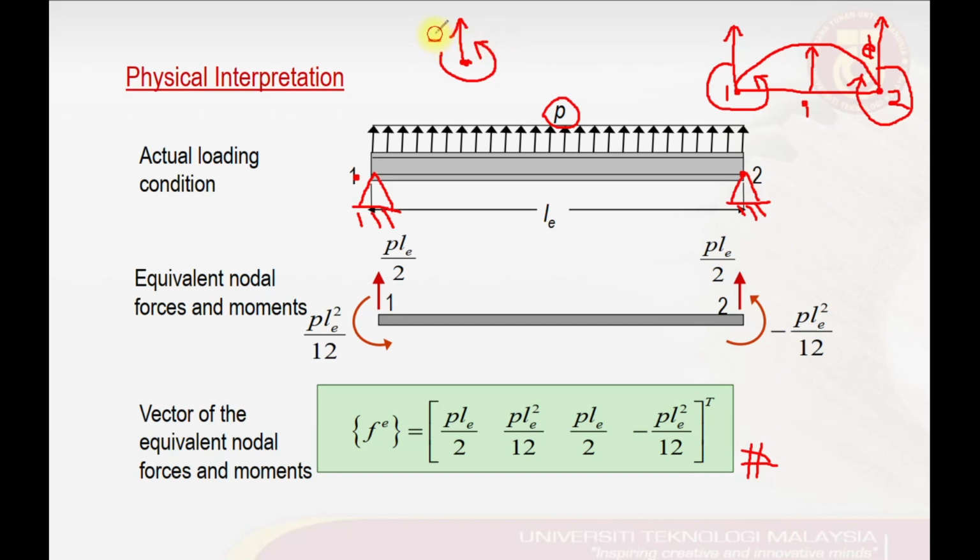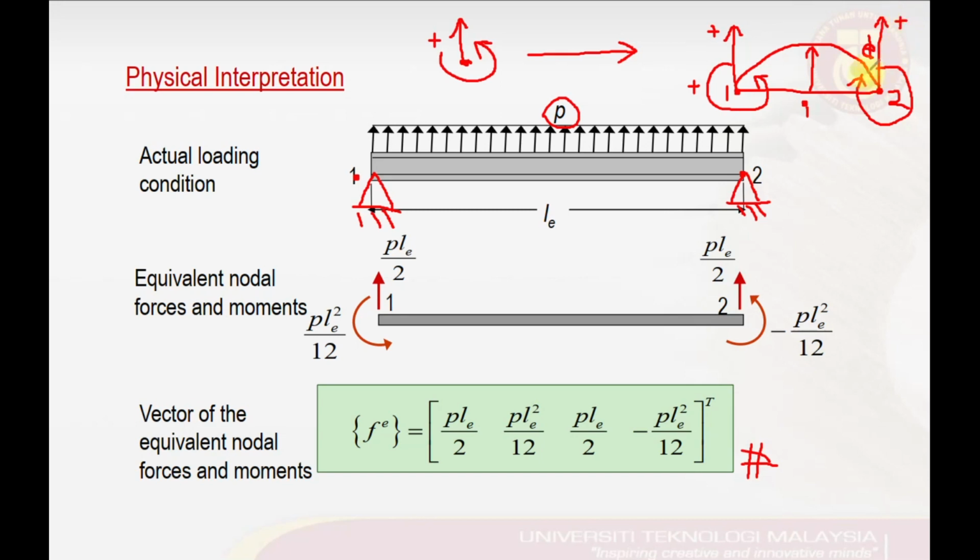So taking the upward direction and anti-clockwise direction as the positive directions in our considerations, we try to match these sign conventions with the one that we developed here. So this one we have positive sign convention, which is the same direction. This one is also in the anti-clockwise direction.